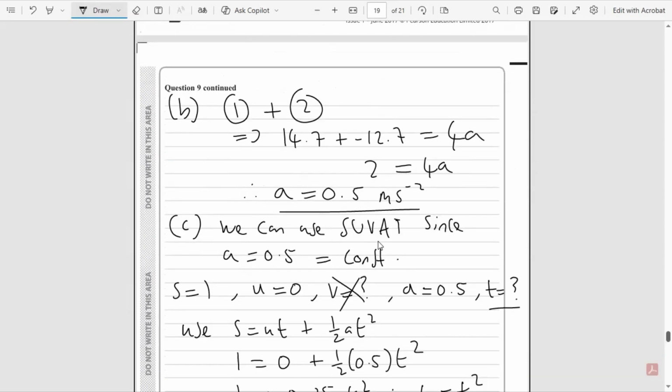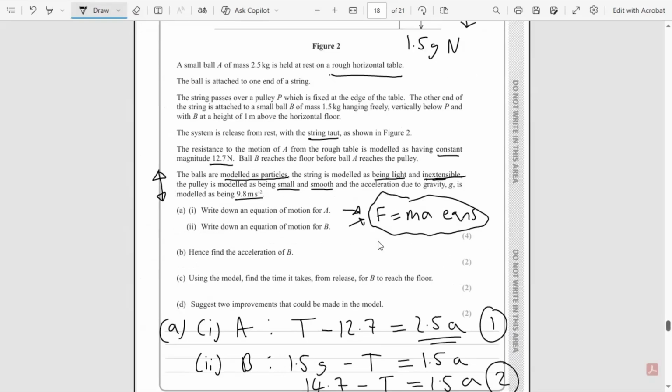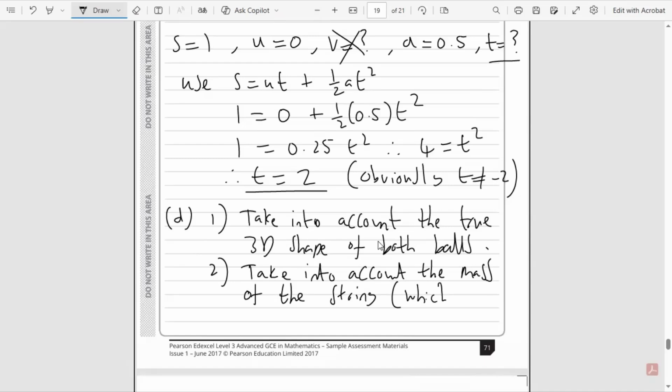Now, as a second thing we could say, again, let's go back to that paragraph about the modeling assumptions. When we say the string is light, we're basically assuming the string has no mass, but obviously a string is going to have some mass. So take into account the mass of the string is another improvement. And we can just say that this would be positive, a value greater than 0.